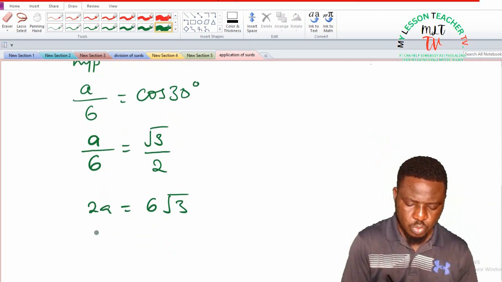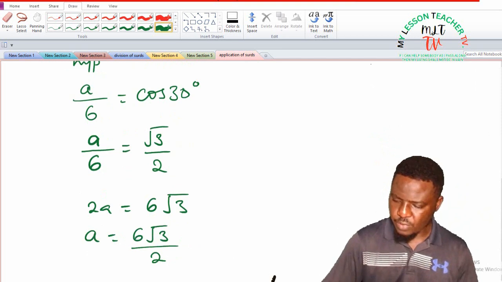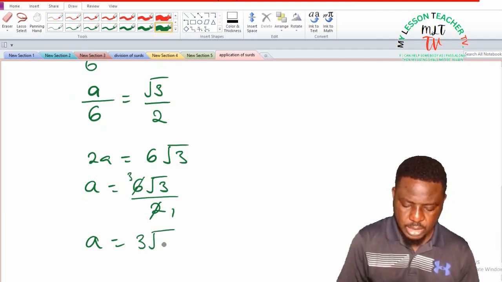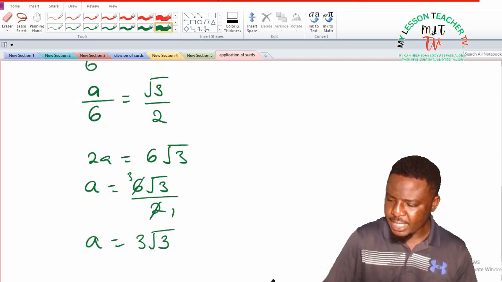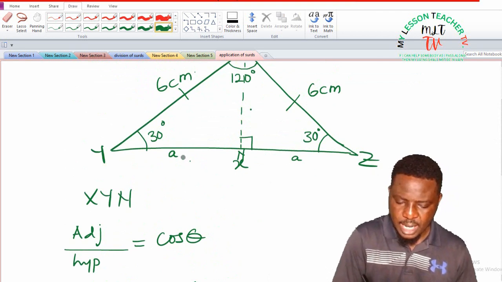And dividing both sides by 2, you have A to be equal to 6 root 3 divided by 2, giving us, 2 into itself is 1, 2 into 6 is 3, and our answer becomes A is equal to 3 root 3. But the question said we should find YZ.